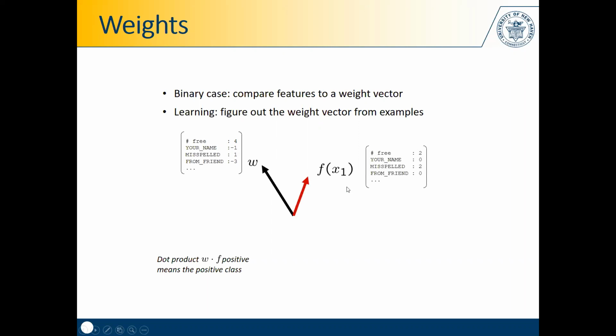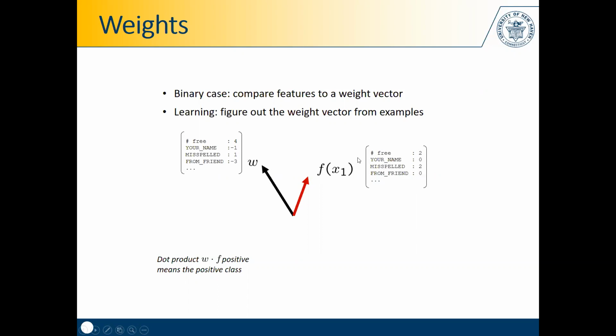Okay. Now, let's say we get a sample x1 with this feature vector. The value of free is 2. Your name, there is no mention of your name in the email, so it's 0. How many misspelled words are there in the text? 2. Is it from a friend? No. And if we multiply this feature vector by w, what do we get?